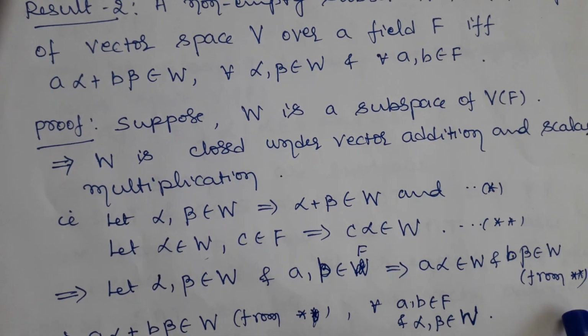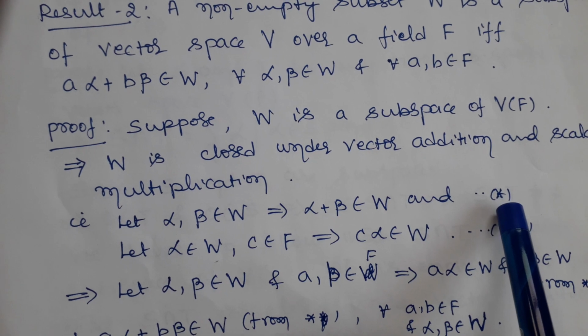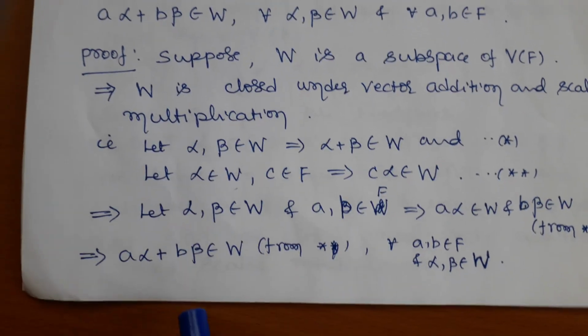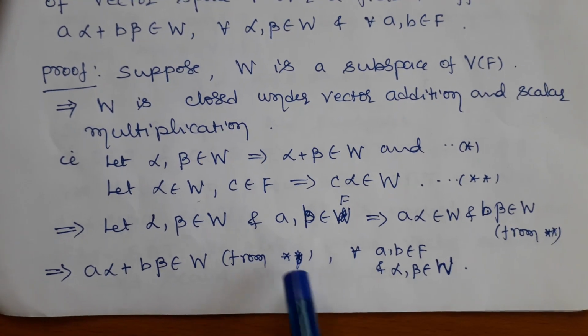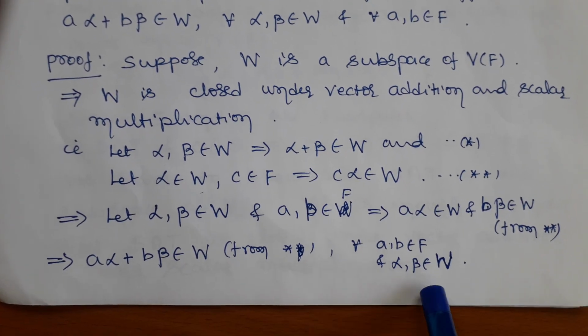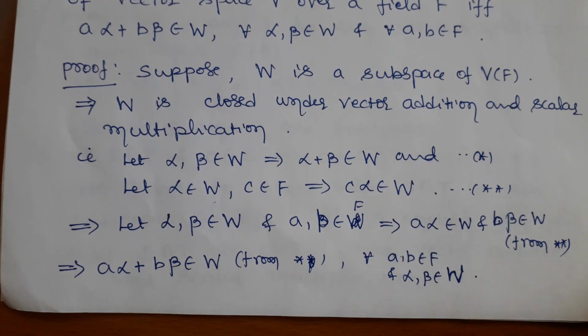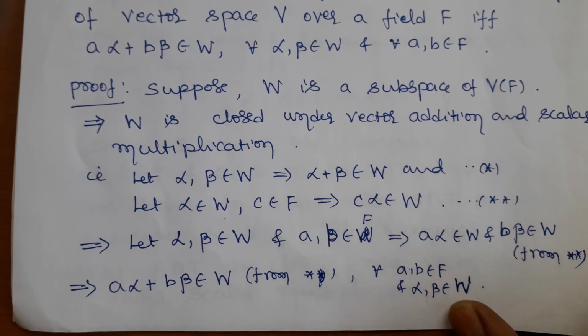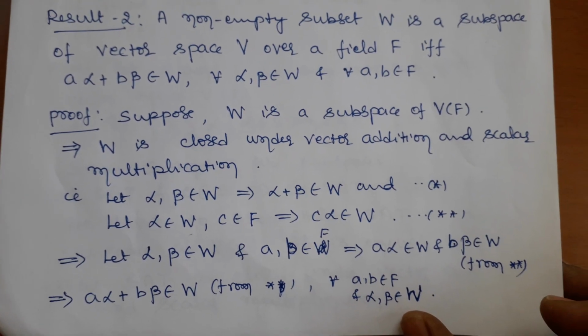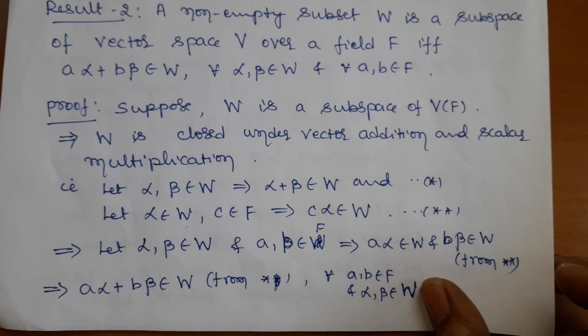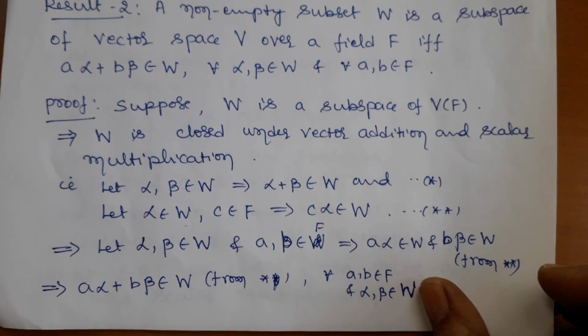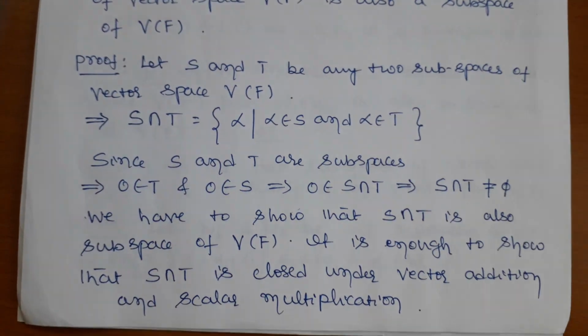Again from single star, closed under vector addition, clearly a alpha plus b beta belongs to W, for every a, b belongs to F and alpha, beta belongs to W. Thus this completes one side: suppose W is a subspace of a vector space over a field F, then a alpha plus b beta belongs to W for every alpha, beta belongs to W and a, b belongs to F.